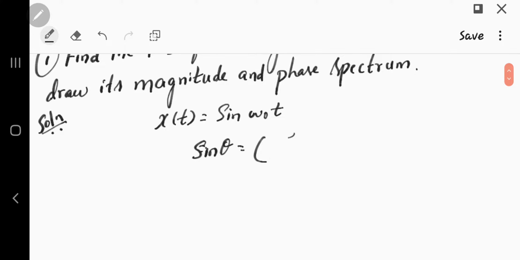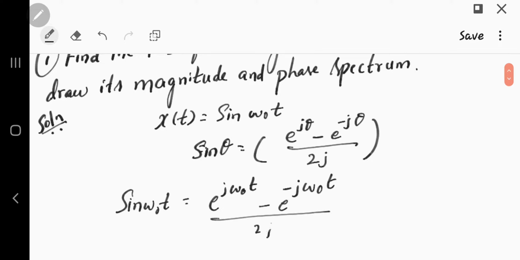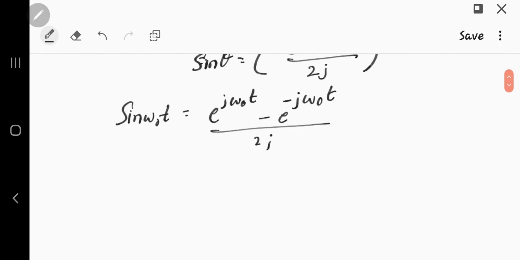Sine theta can be expressed as e power j theta minus e power minus j theta divided by 2j. Based on this, we can express sine omega naught t as e power j omega naught t minus e power minus j omega naught t divided by 2j.